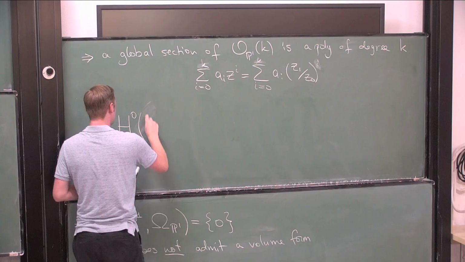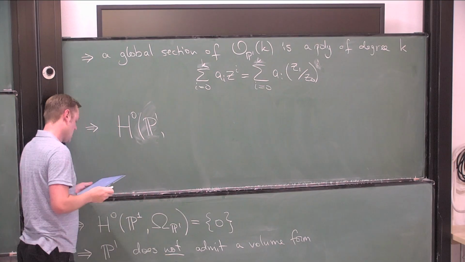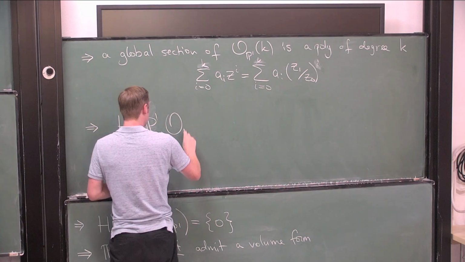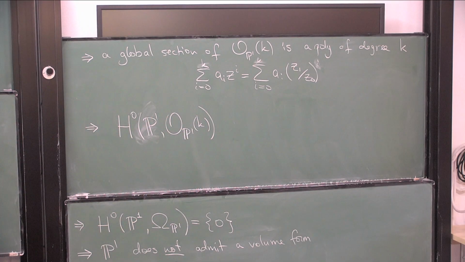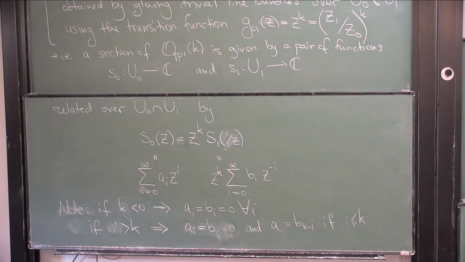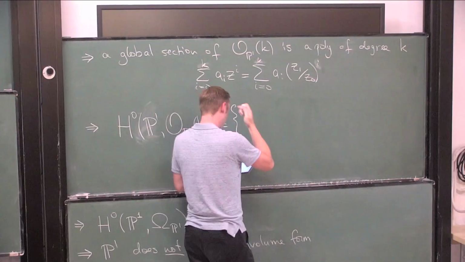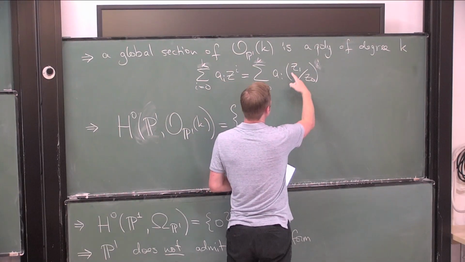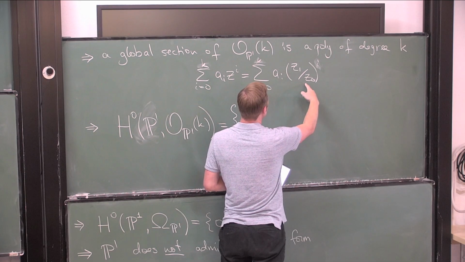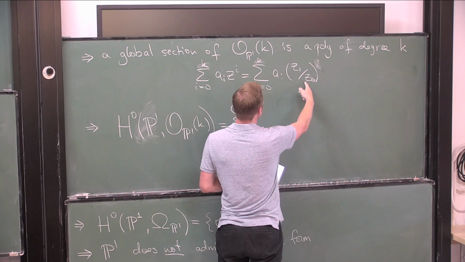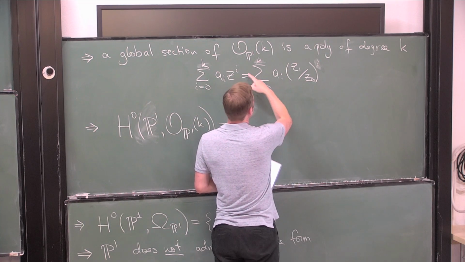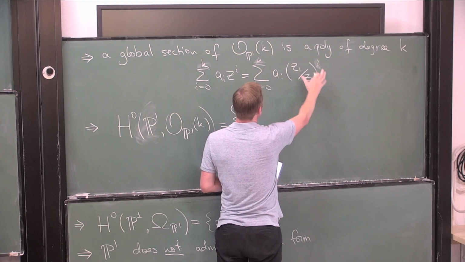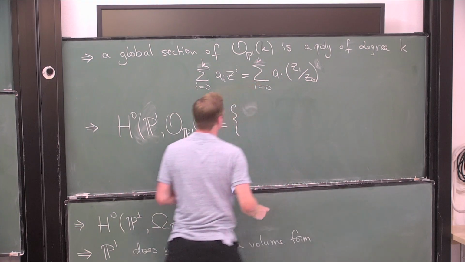This is an important topic in complex geometry. If I look at the space of global sections of this bundle O of k for some k, I can write it like this. The reason I decided to write it in homogeneous coordinates is that if I factor out z0 to the k, what I have is a homogeneous polynomial.